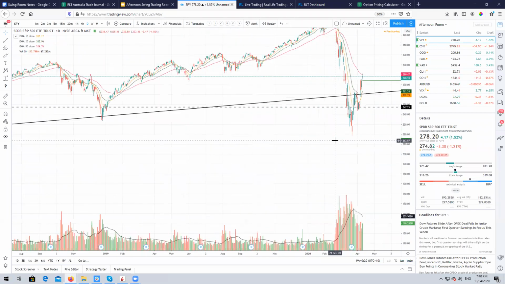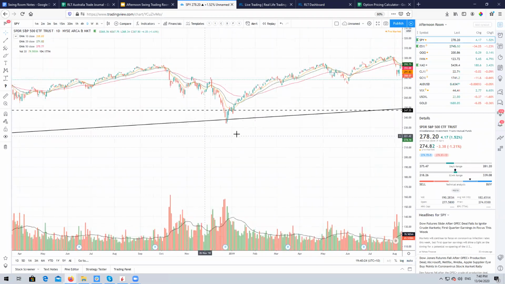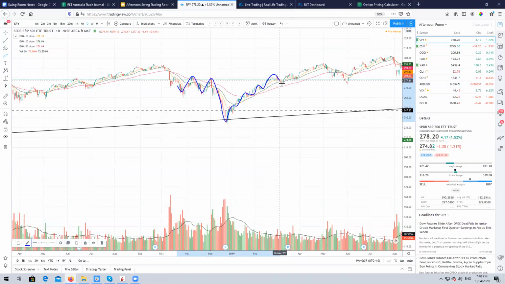Even back here when we had this little drop in 2018, we came back up to the 50, came back down, came back up to the 50, went back down. We came back up slowly to the 50, traded sideways, went higher, and then we started using the 50 as a support, and then this was a really nice dip back down to this particular level here.